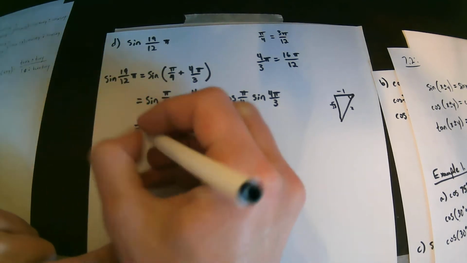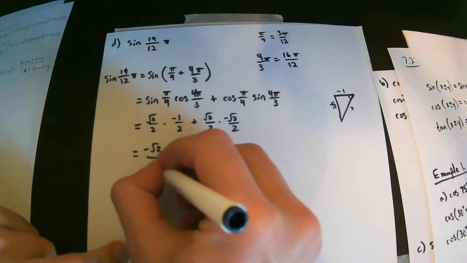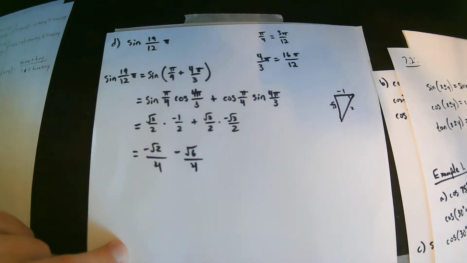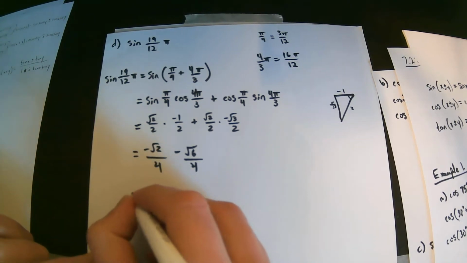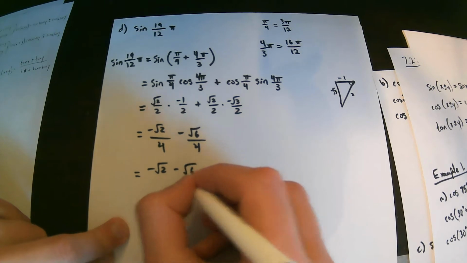Let's see. Yeah. Okay, cleaning all this up, I'm getting negative square root of 2 over 4 minus square root of 6 over 4, which can condense to negative root 2 minus root 6 all over 4.